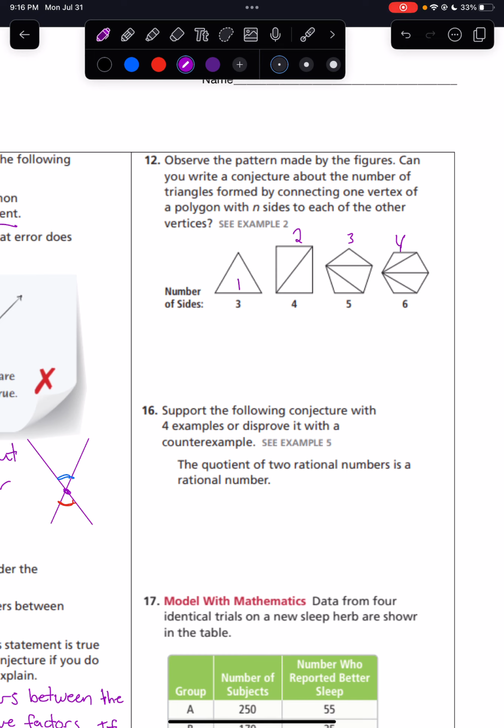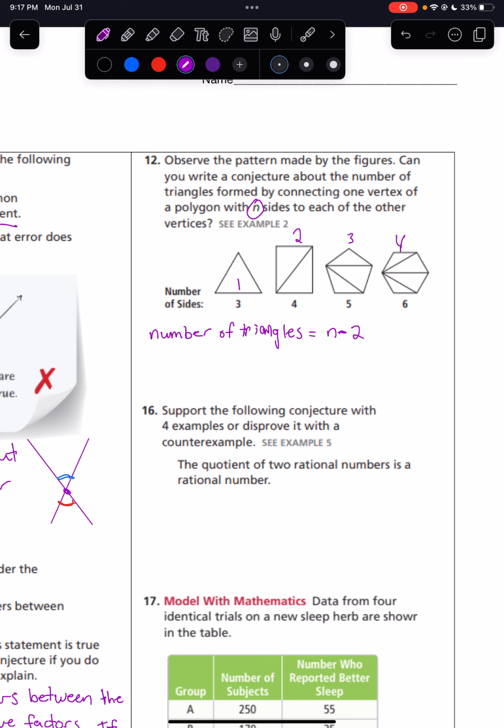So when we think about the conjecture there, we see that our pattern is going to go up 1, 2, 3, 4 as our side lengths go up 3, 4, 5, 6. So the number of triangles is just going to be n, the polygon with n sides, so the number of sides minus 2, right?